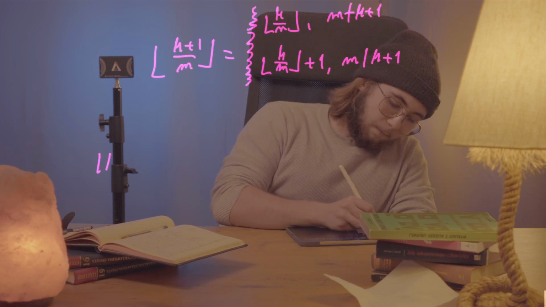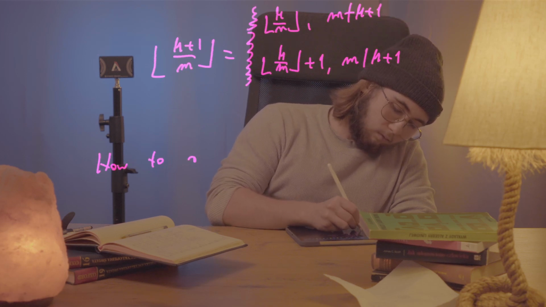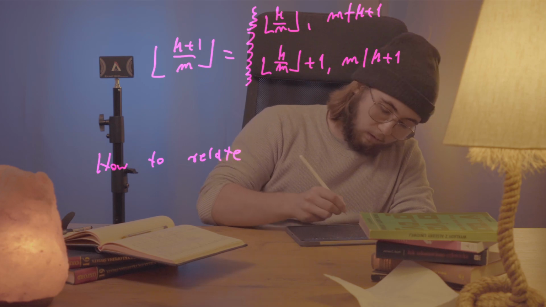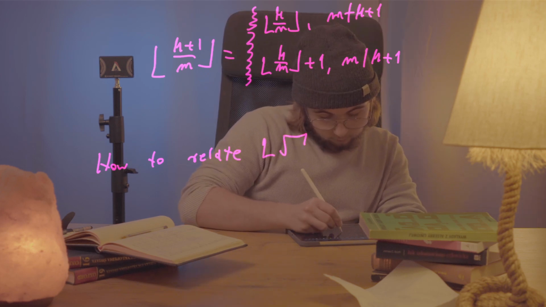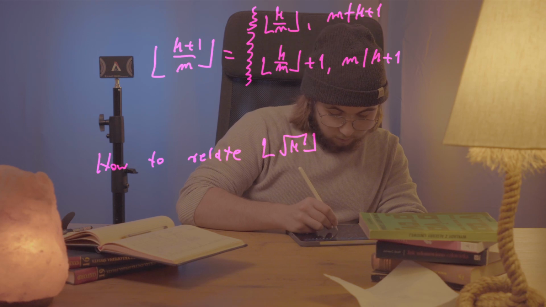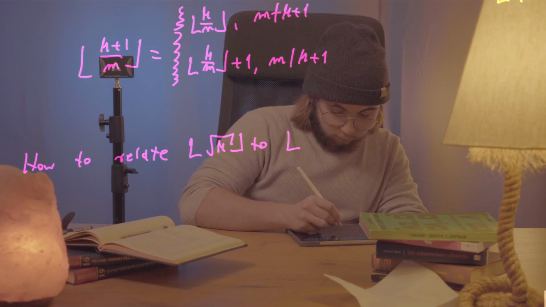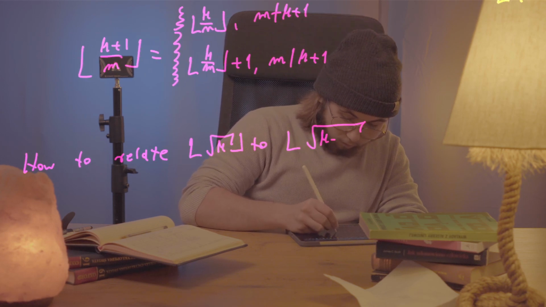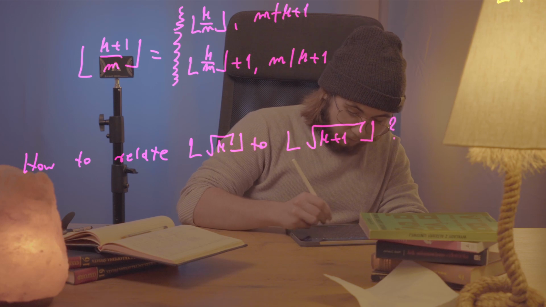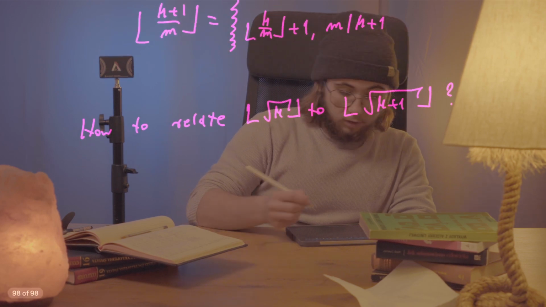So how to relate the floor of the square root of k to the floor of the square root of k plus 1? Once again, let's do this one with a piecewise function.